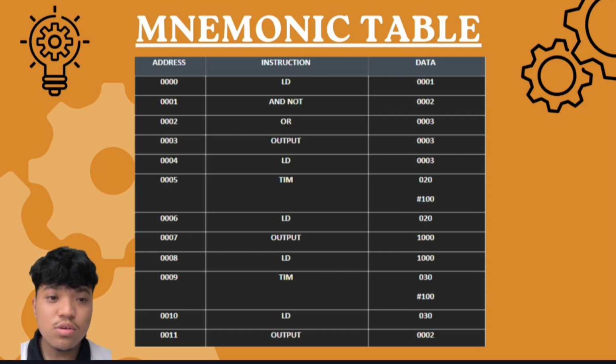And then we have 0009, the instruction is TIM, the data is 030, hashtag 100. And then we have 0010, the instruction is LD, and the data is 030. And then lastly, we have 0011, and the instruction is output, and the data is 0002.